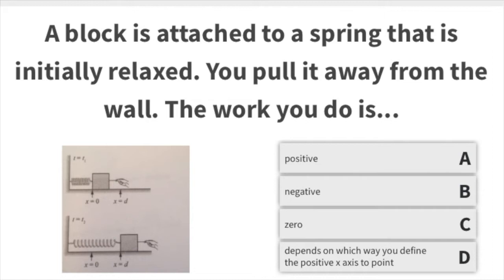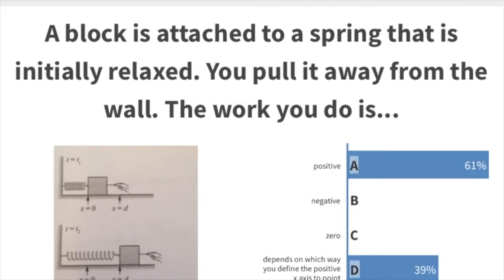So first, let's ask the work done by you or the hand. Is that going to be positive, negative, zero, or does it depend on which way we define our axes? The work done is positive. What's the reasoning for that?